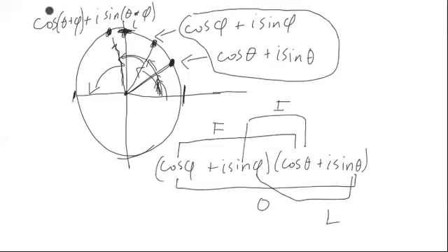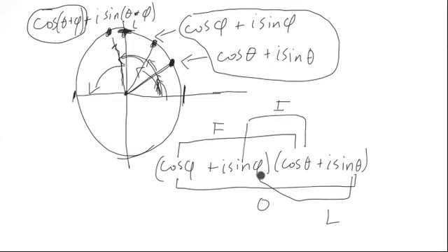Now, if we're interested to know what cosine of theta plus phi is, that's the real part, something that doesn't have any i in it. Notice i times i is -1, so that doesn't have any i in it. The L is in good shape, and the F is in good shape.